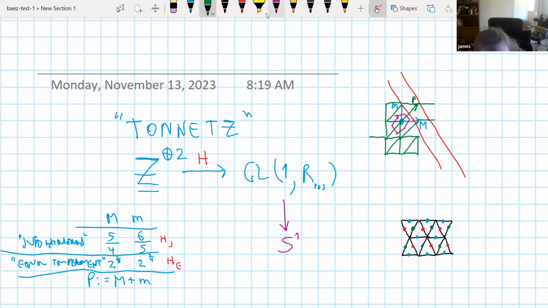Okay, so let's see, how do I draw this? Okay, those are the blues. Where do the greens go? Halfway, okay. Greens like that.